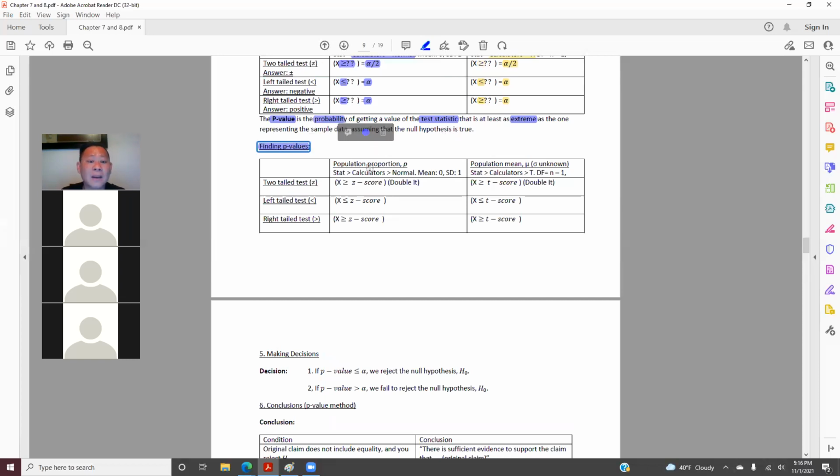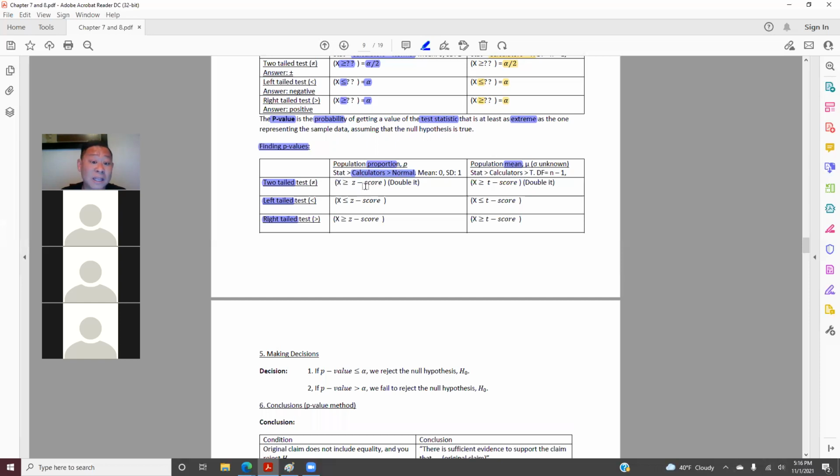it depends again on whether we use proportion or mean, and whether it is a two-tail, a left tail, or a right tail. If it's a proportion, we use the normal calculator. We put P(X greater than or equal to the z-score).